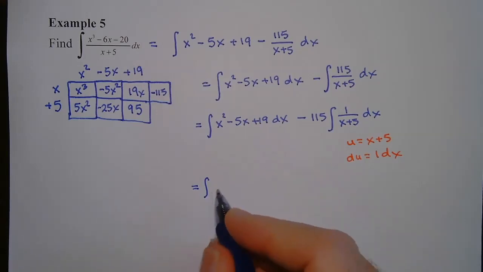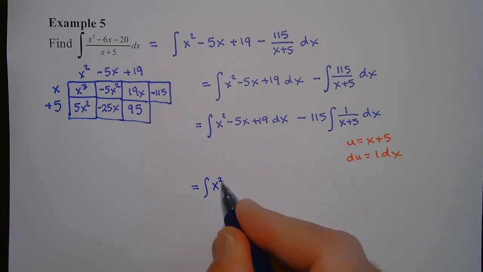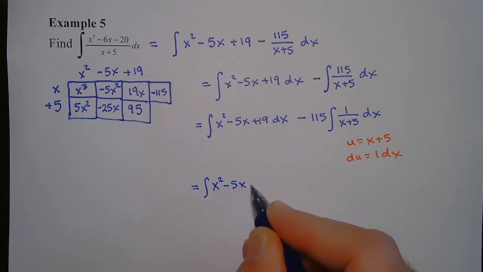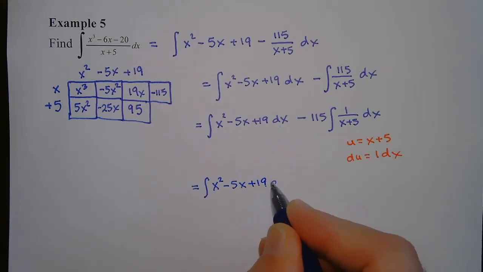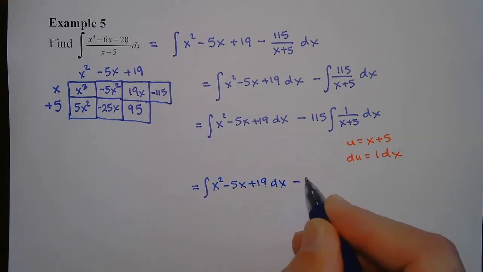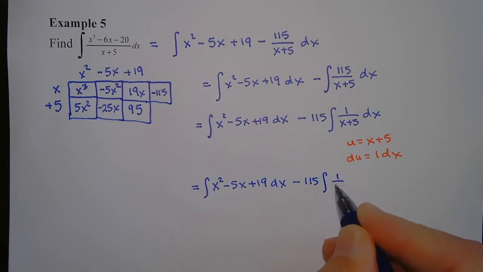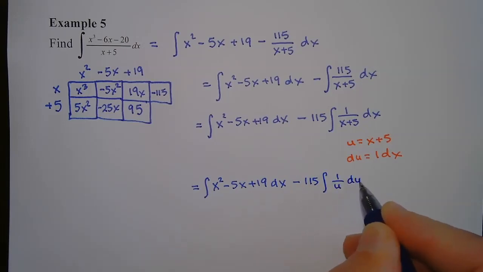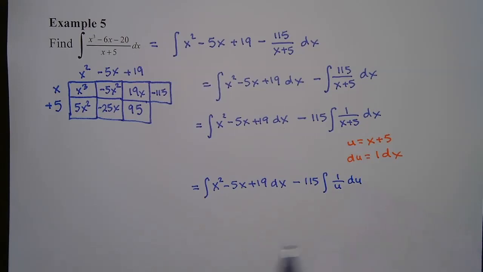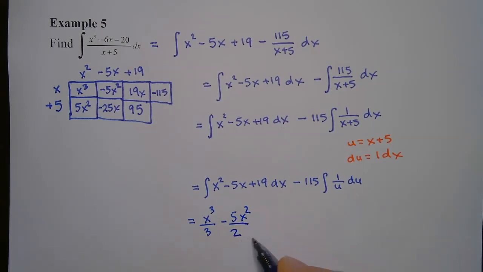All right, so here we go. So this is still the integral of x squared minus 5x plus 19 dx minus 115, the integral of 1 over u du. Okay, now we're ready to integrate, okay? So this becomes x cubed over 3, that's just the power rule, minus 5x squared over 2.